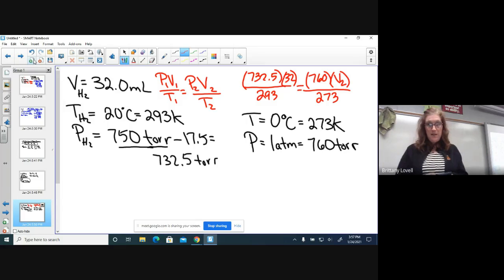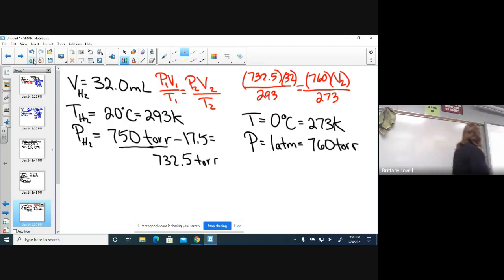Okay. So what I'm going to do, I'm going to do all the stuff on the left side of the equation. So 732.5 times 32, and then divided by 293. And I end up getting 80 for this side. Okay. So on this side, I'm going to erase this.